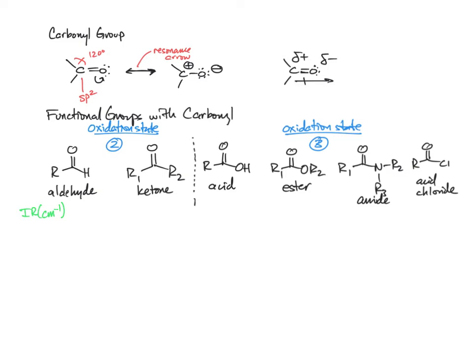So again, the unit for IR is reciprocal centimeters. An aldehyde typically occurs from 1690 to 1740. A ketone, 1680 to 1750.